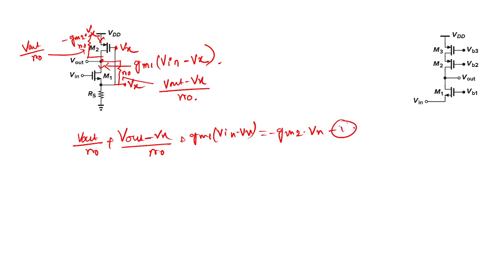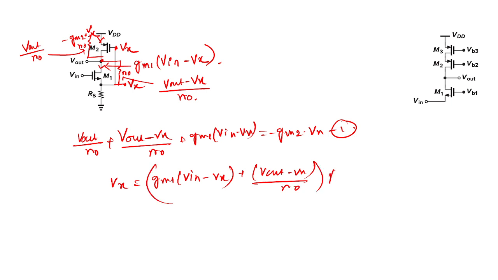This is one equation, and another equation you can write as Vx is equal to this current, which is Gm1 (Vin minus Vx) plus (V out minus Vx) by R naught into Rs.